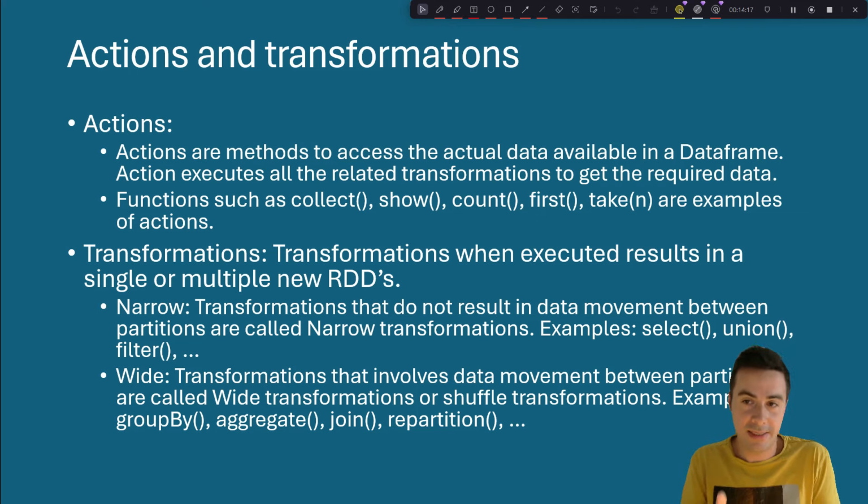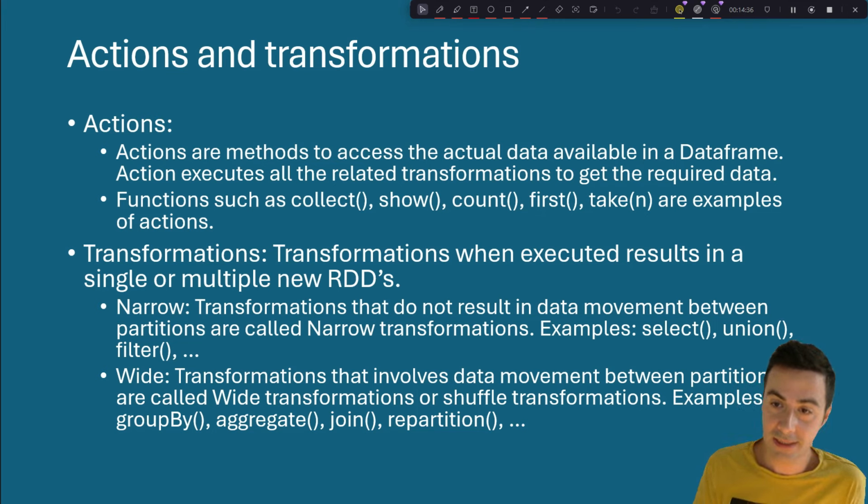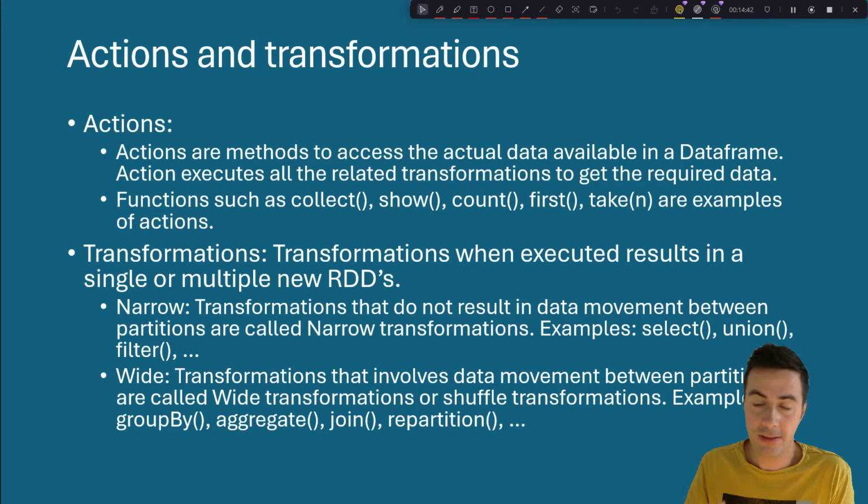This really makes the data available in a data frame as a result, and it executes all the related transformations as defined. We saw it before in lazy evaluation: Spark executes only if you have an action. Examples for that are count, which we saw before, show, collect, first, take.